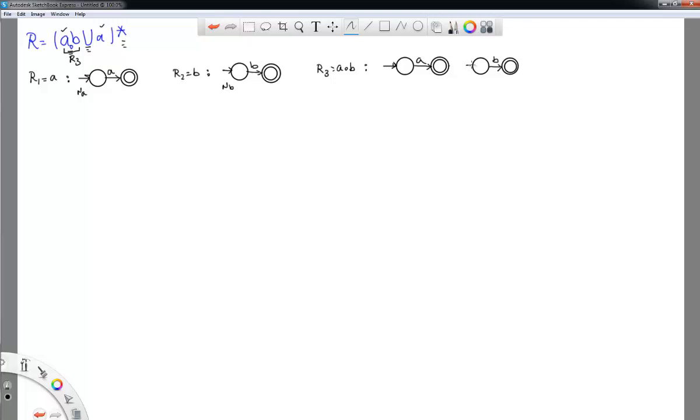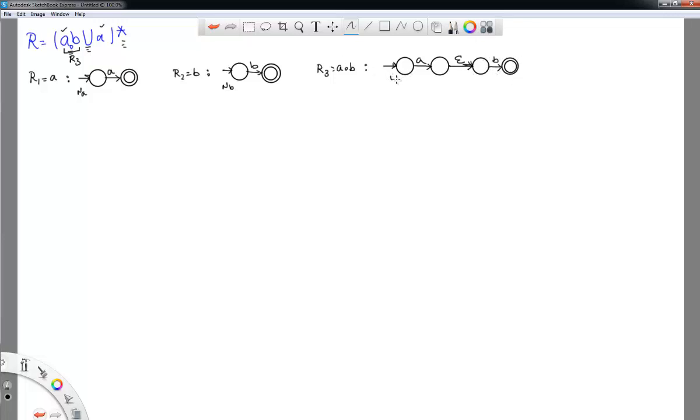right? And then in the concatenation, remember, all I needed to do was basically to remove the accept state of my first NFA, and then have all of the accept states transition over epsilons to the start state of my second NFA.